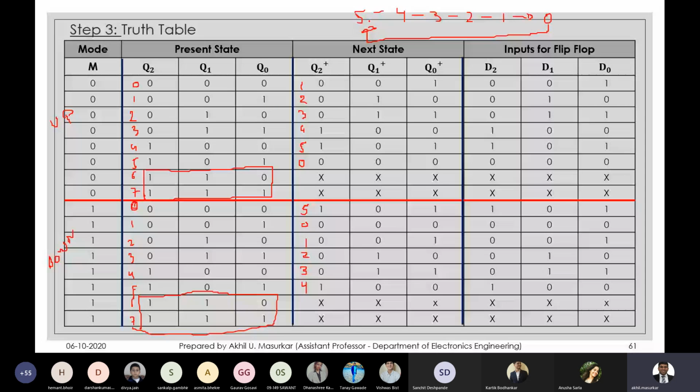So now you solve the K-map, which is going to be obviously huge because now we have 4 variables and you have to fill a 4 variable K-map.